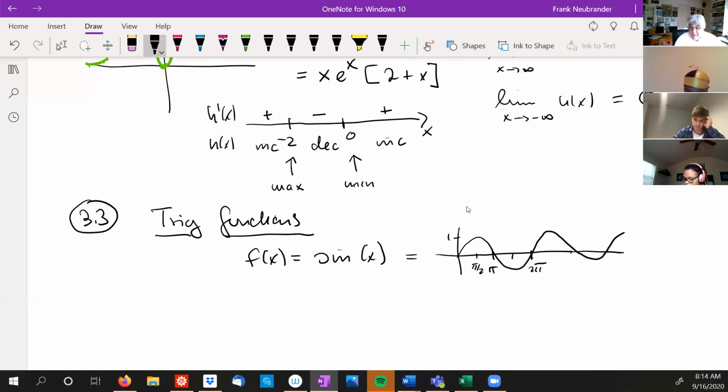So it's the sine function where x is measured in radians. So we have to recall tomorrow what is the difference between radians and angles. Then f prime of x is equal to the cosine of x.